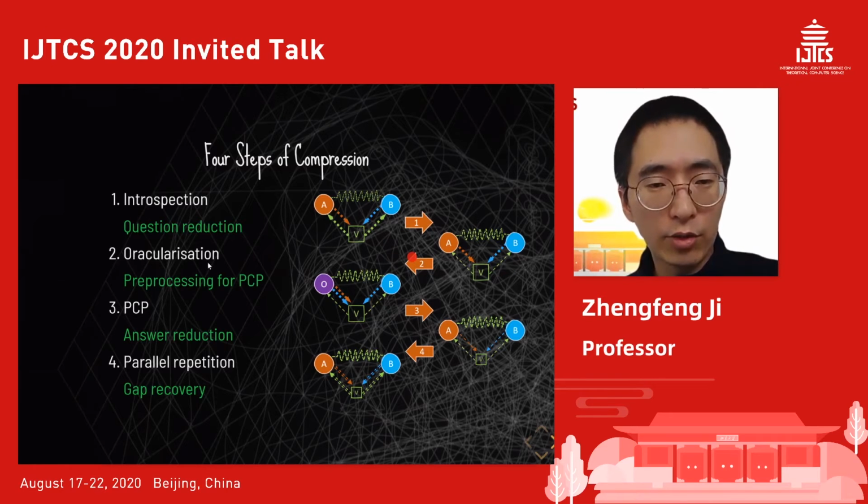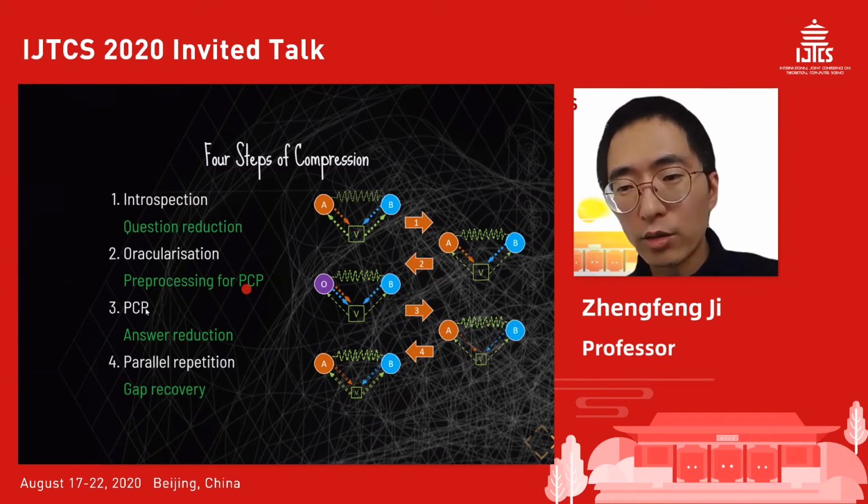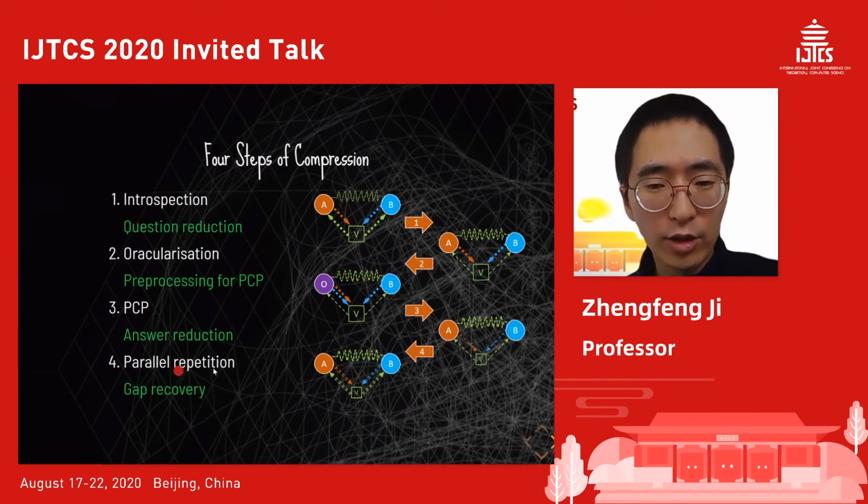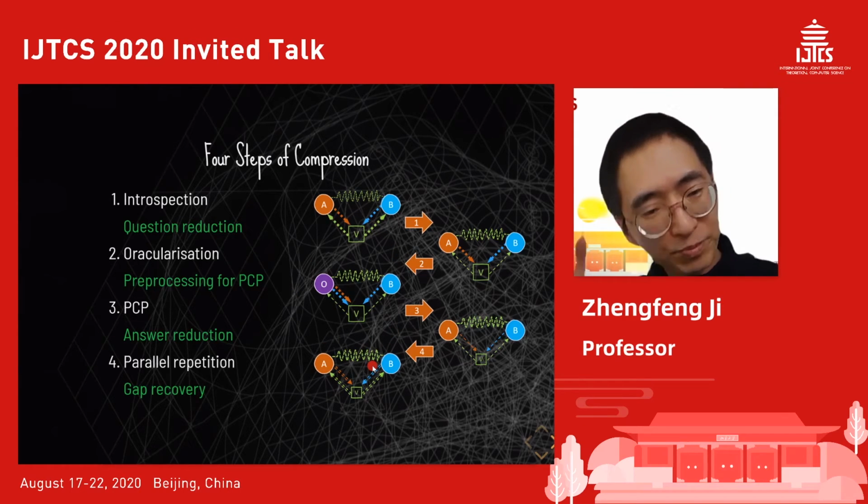Then there's the autocorrelation step, an easy pre-processing step for using PCP constructions in the next step. In PCP, what we can achieve is to reduce the answer size. And finally, because along the way we lose some of the gap, we need to do some parallel repetition to recover the gap. But what we should make sure is that the question and answer sizes are getting smaller in each of these iterations.